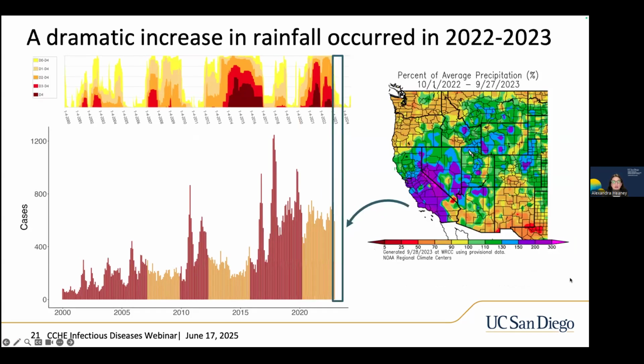This drought was then followed by really heavy precipitation during winter of 2022 to 2023, where statewide precipitation was actually 150% of the average, and that was even higher in some of the endemic regions for valley fever in the state.